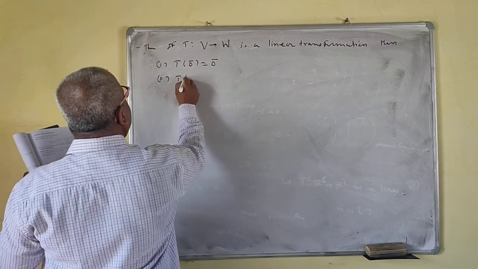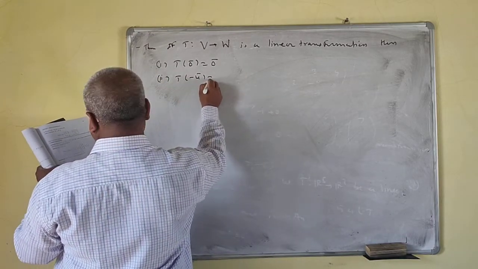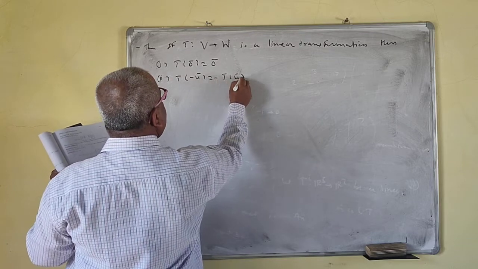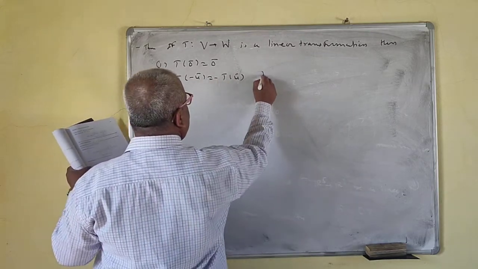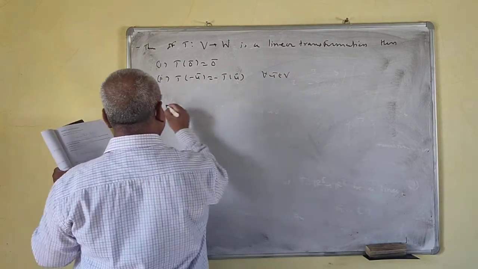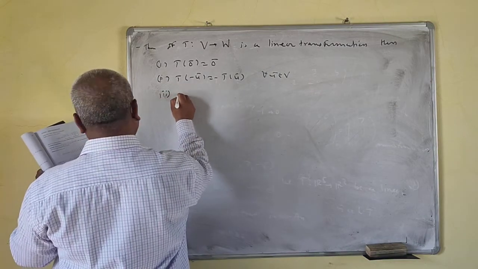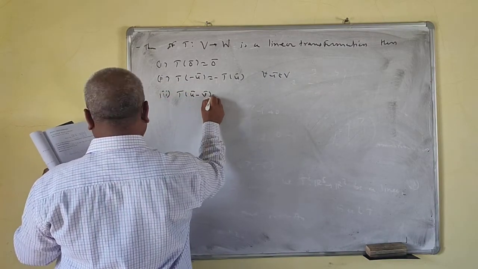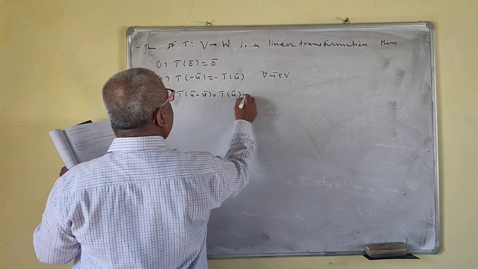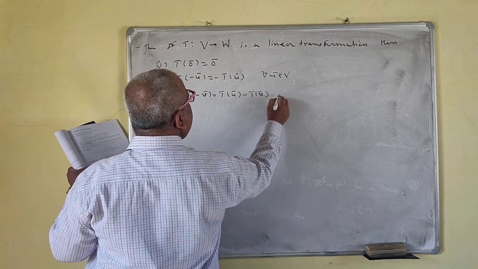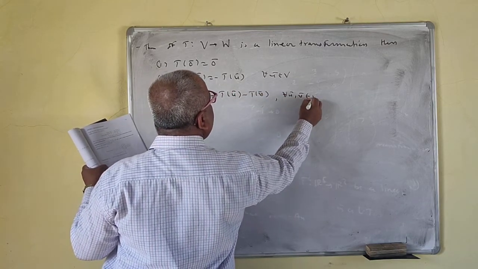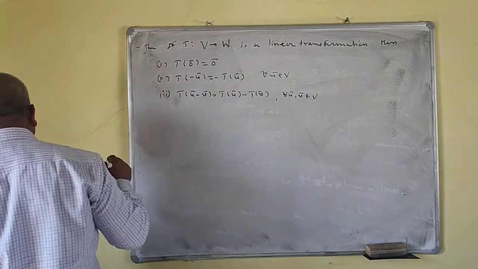Second, T of minus U bar is the same as minus T of U bar for all U bar belonging to V. Third, T of U bar minus V bar is the same as T of U bar minus T of V bar for all U bar, V bar belonging to V.